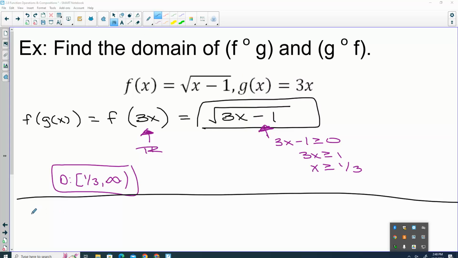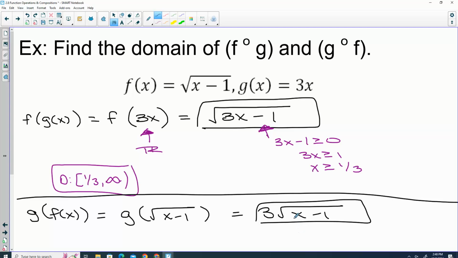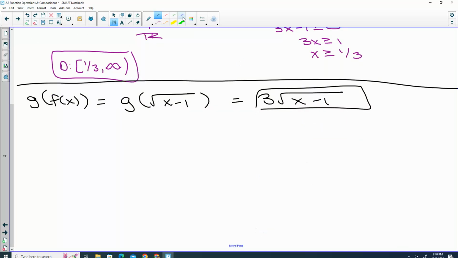So the composition, g composed with f, so g of f of x. f is the square root of x minus 1. Plug that into g, so it's just 3 times the square root of x minus 1. Is that okay? Domains. So we have to look at the original inside.